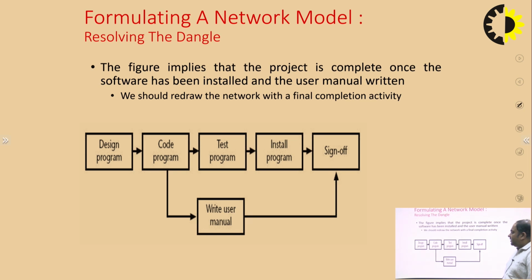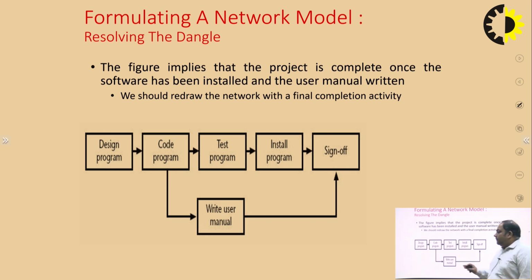For resolving this tangle, we should redraw the network with the final completion activity. What we'll do? We design, we code, we test, we install, and after coding we write the user manual. But we show this user manual when we complete our installation and are closing this project activity.